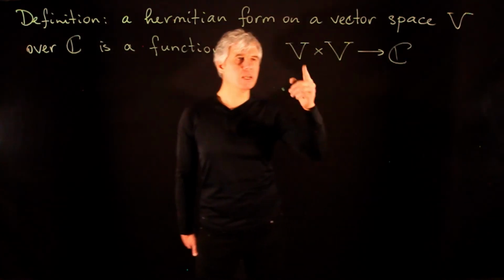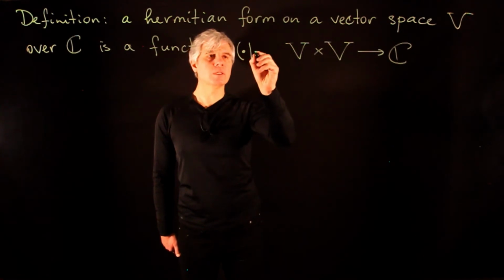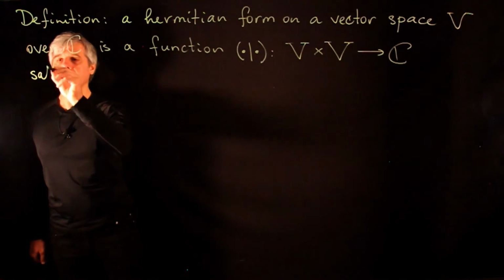So this means that it's again a function on pairs of vectors, and we will again denote it by round brackets, satisfying the following axioms.